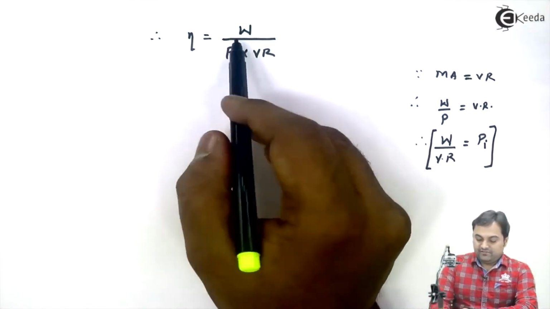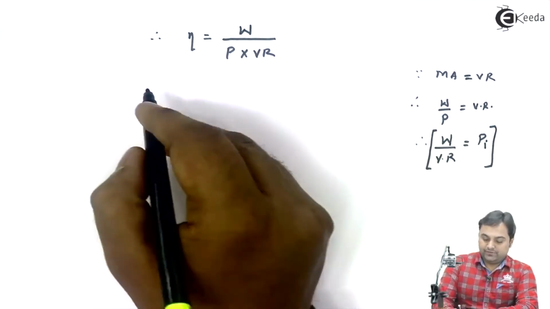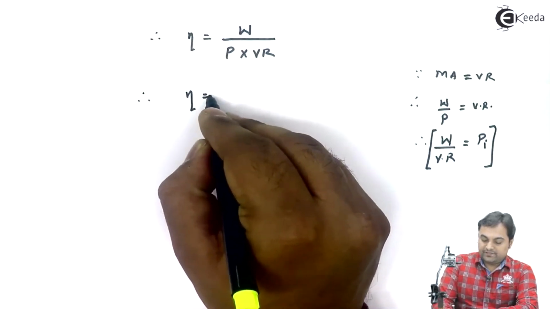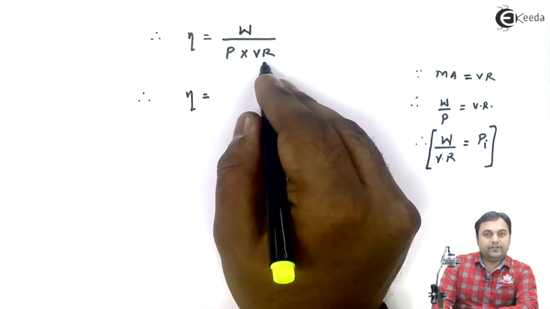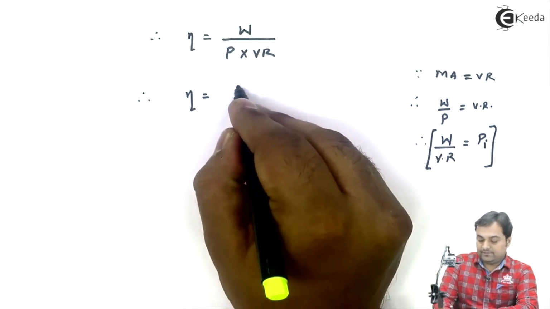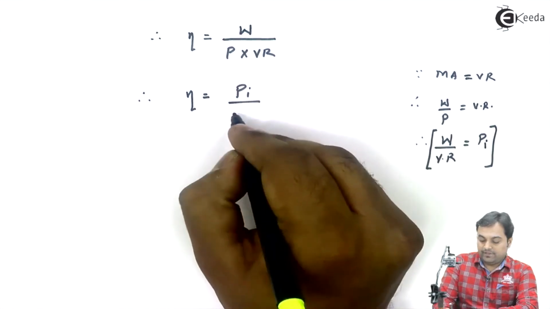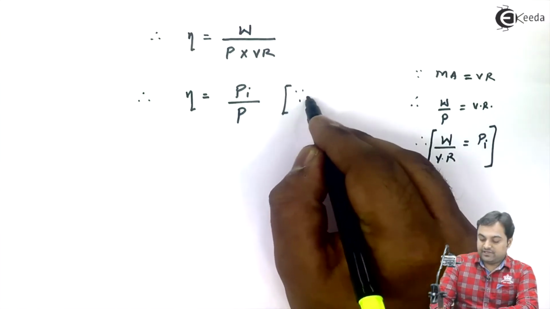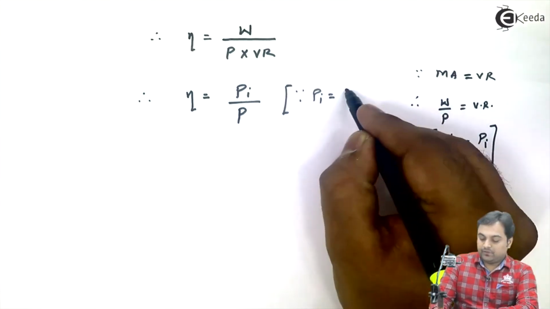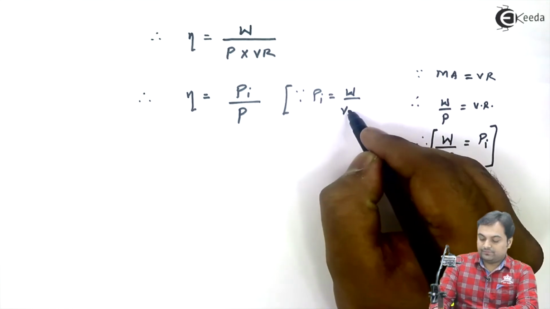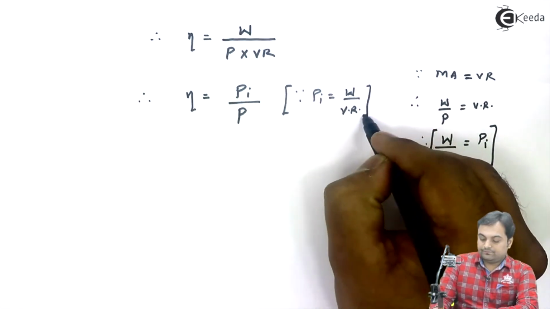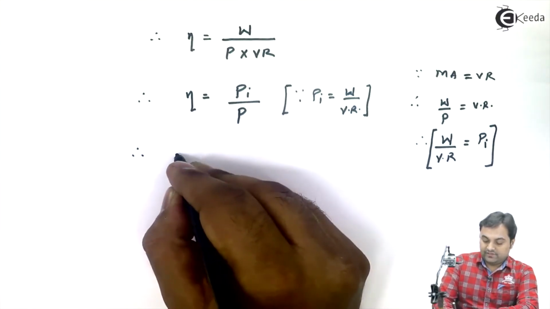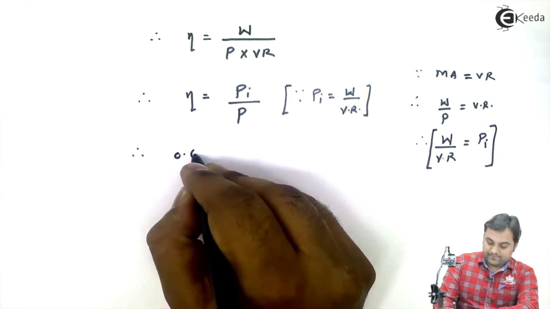So here if we see, we are having load and velocity ratio, so I'll say that therefore efficiency is equal to load upon velocity ratio, that is nothing but ideal effort upon P, which is the actual effort. So I can mention, since ideal effort is equal to load upon velocity ratio, therefore efficiency is given as 0.65.